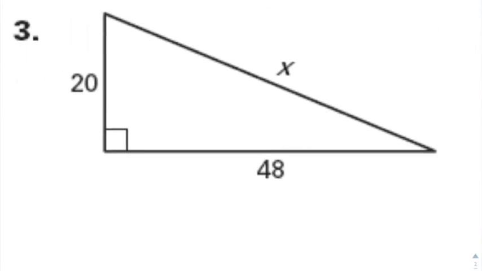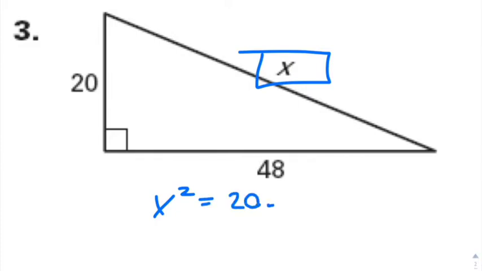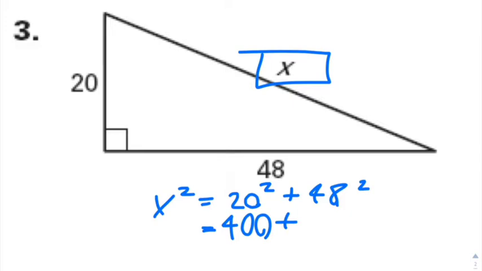Okay, more of the same. Looks like we don't have our hypotenuse, so that's by itself. x squared equals 20 squared plus 48 squared. 20 squared, I know that to be 400. 48 squared, let's see. 2,304.